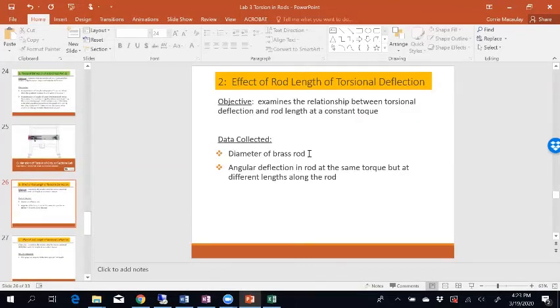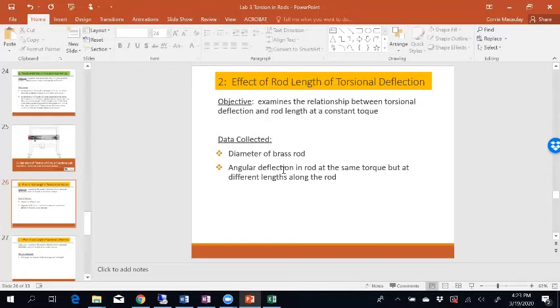From the second experiment, we're going to look at the brass rod, right? So you're going to use the brass rod to look at the effect of rod length on torsion deflection. Hopefully we have the diameter of the brass rod, or you're going to have the diameter. I'm going to give it to you. And you're also going to have the angle of deflection, right?